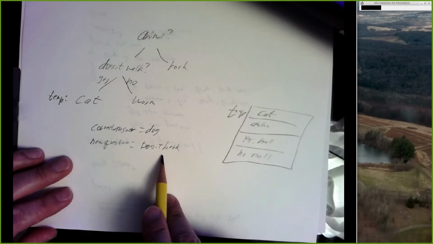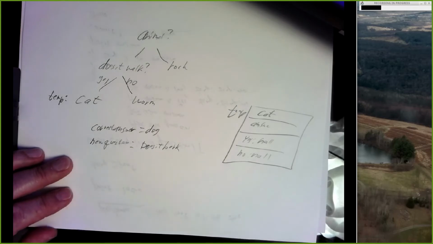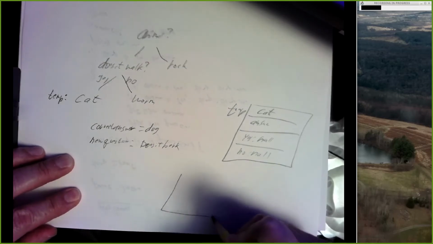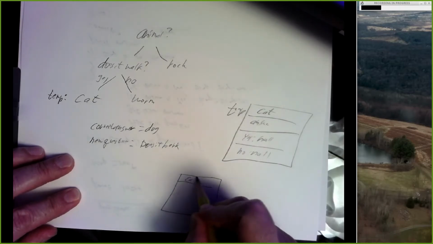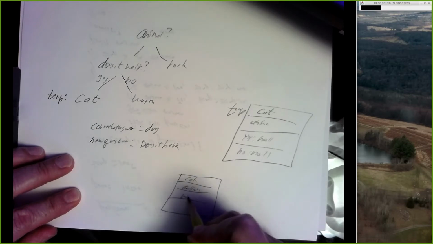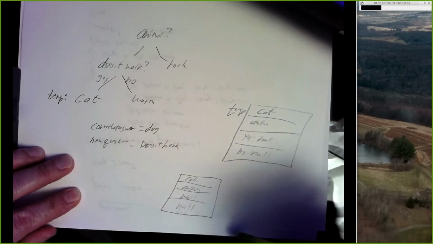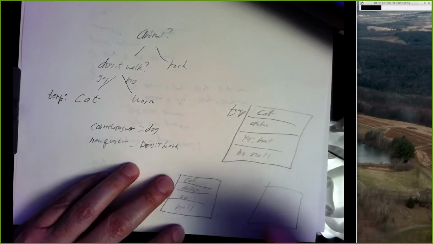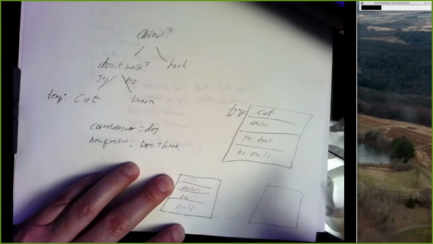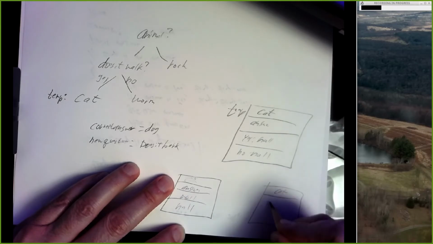So here's what we want to do. We want to create 2 new nodes. We want to create a new answer node that looks just like this. It's got cat, it's an answer, and it has no children. And we want to create another one. Actually, I should have put this over here. So here's cat, it's an answer, and it's got no children.